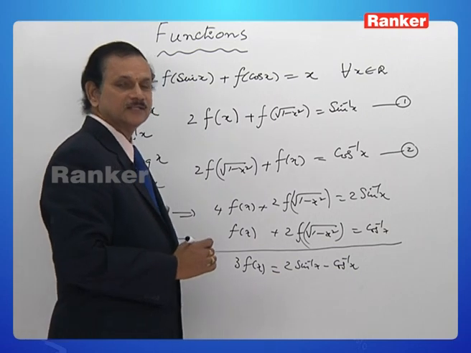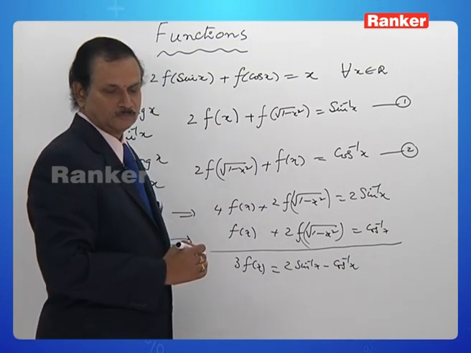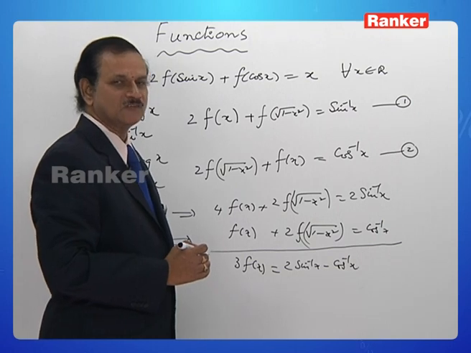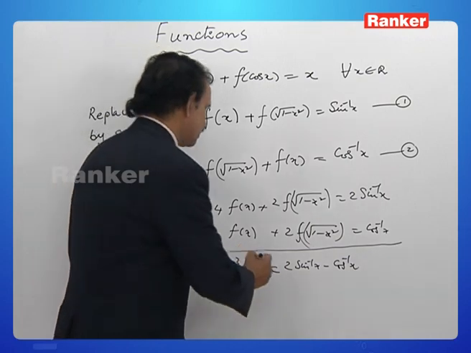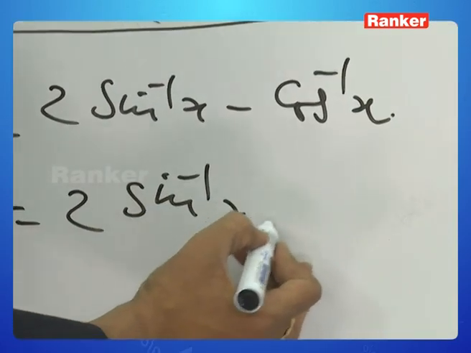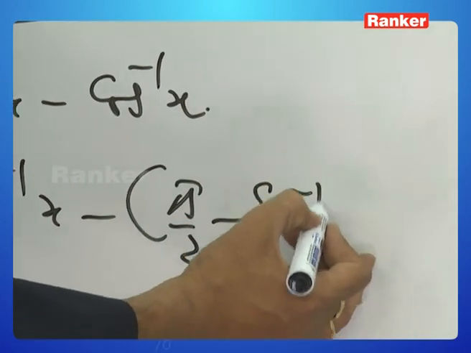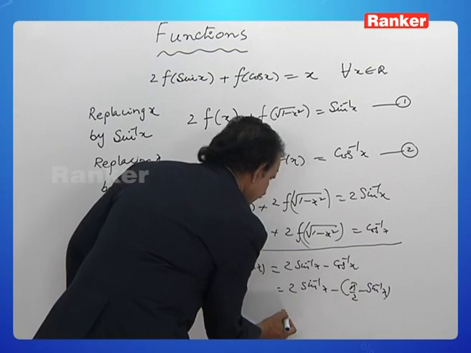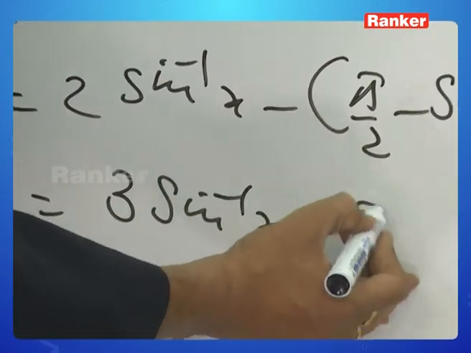We know that sin inverse x plus cos inverse x is pi by 2. Therefore, in the place of cos inverse x, what can you write? Pi by 2 minus sin inverse x. This is 2 sin inverse x minus pi by 2 minus sin inverse x. So that it is 3 sin inverse x minus pi by 2.